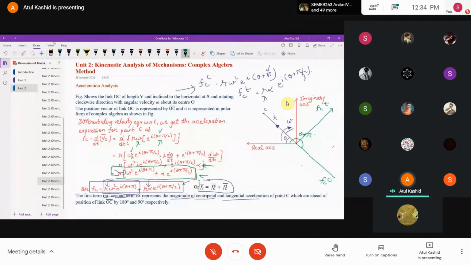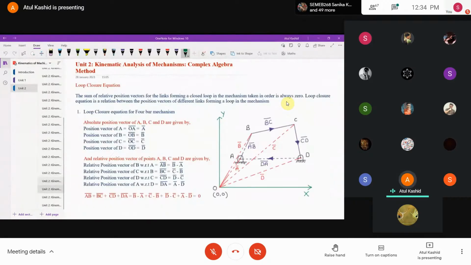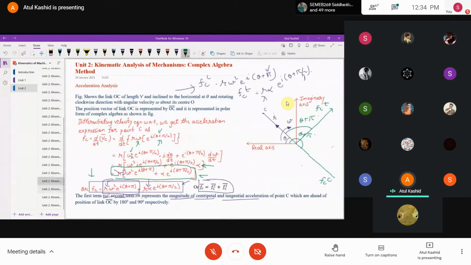This tangential acceleration will be theta plus pi over here, right? So your acceleration equation is the addition of your tangential as well as the centripetal acceleration, right? So this was the derivation for the acceleration.